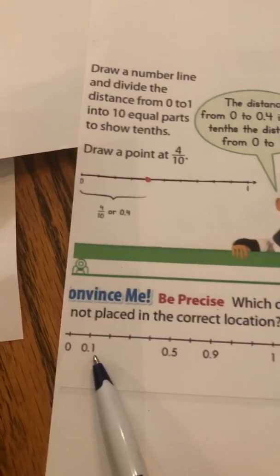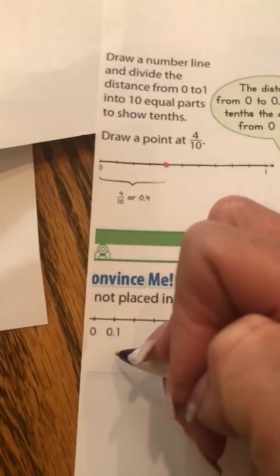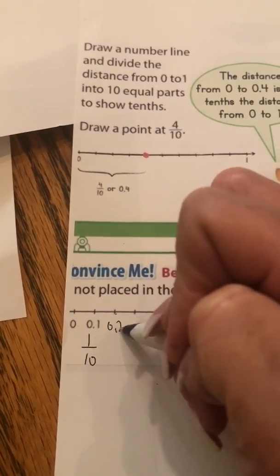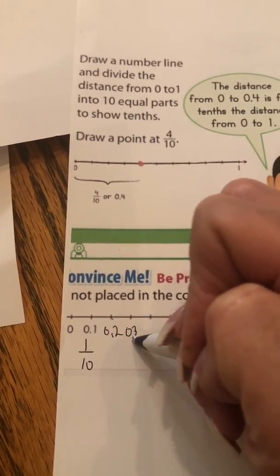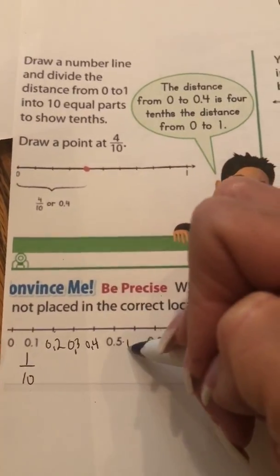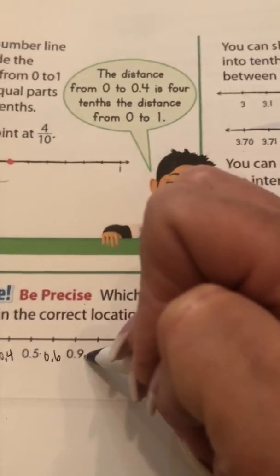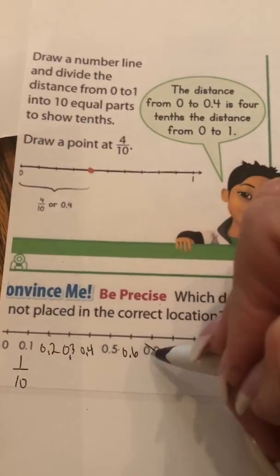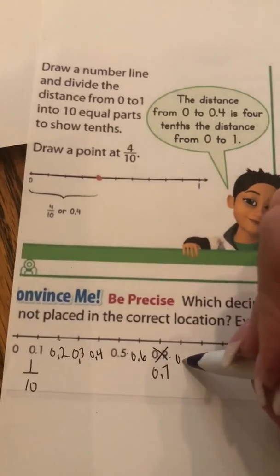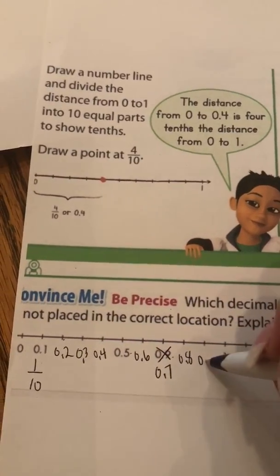So we have 1/10, that's the decimal, but we could also do the fraction. 2/10, 3/10, 4/10, 5/10, 6/10, and oops, we found the mistake. That was pretty easy, wasn't it? And that would be 7/10, and then we can keep labeling this number line.